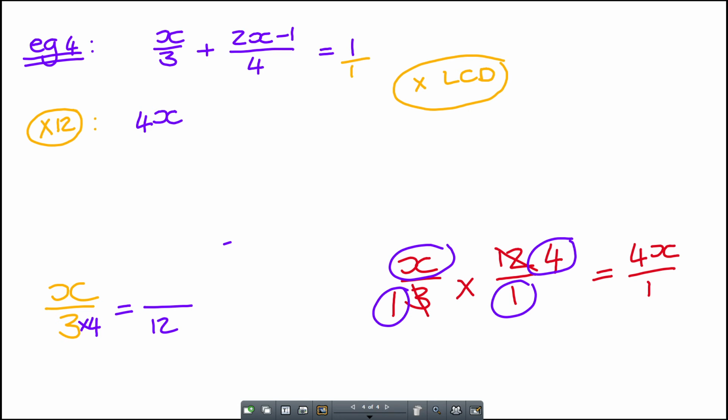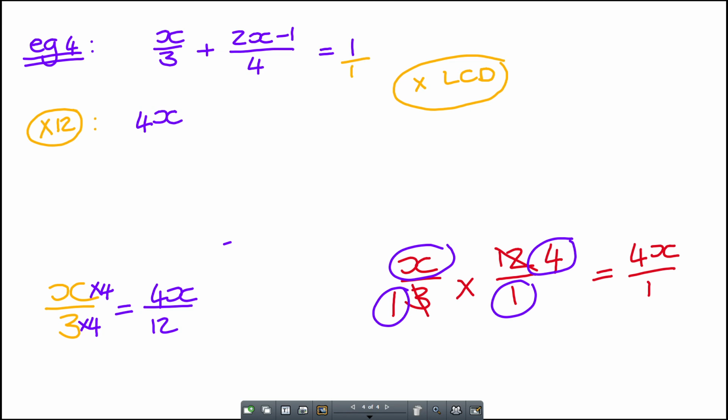With 4. So then I do the same at the top. So then it would be 4x. And then all we do is we forget about the denominator and just look at the top. Okay. So you can use either one of the 2. It doesn't matter.